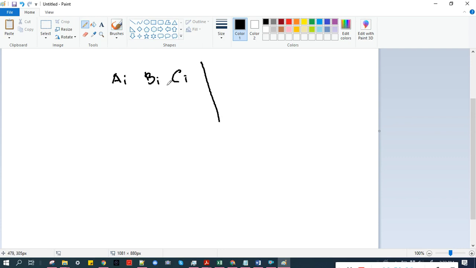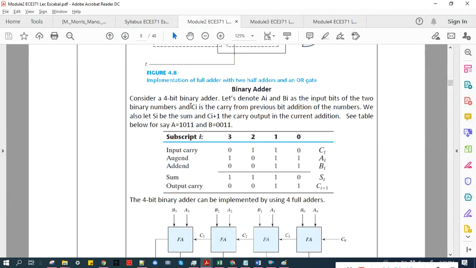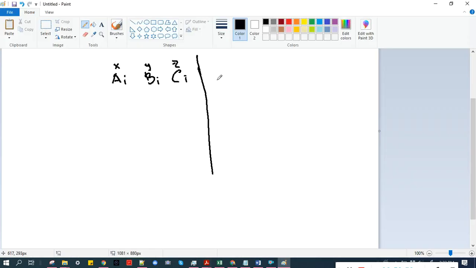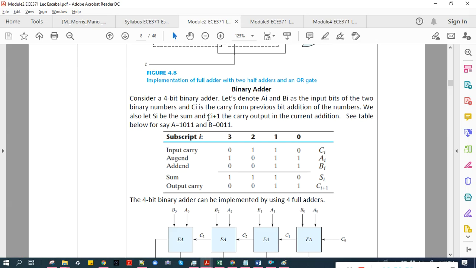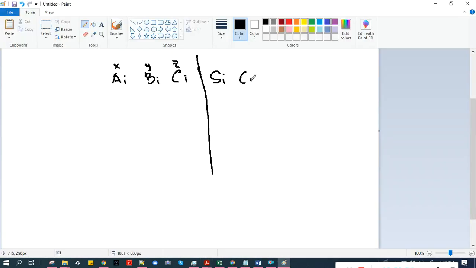Ai, Bi, and Ci are our inputs, which correspond to X, Y, and Z. And then our outputs are Si and Ci+1.